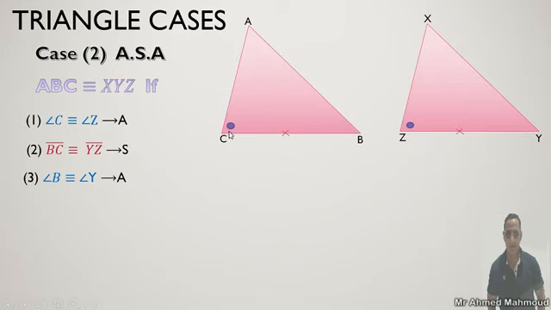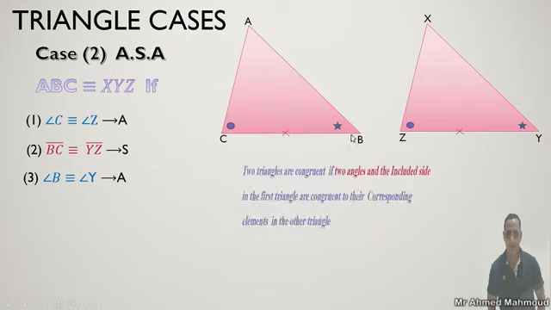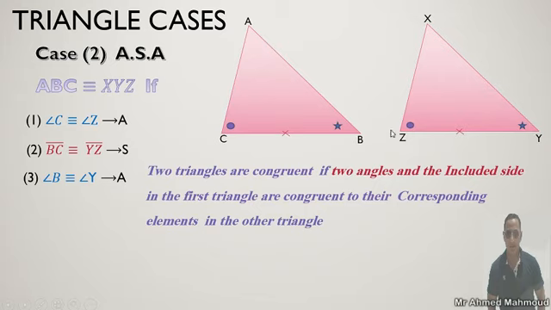Here we have angle B and angle Y. Okay, BC connects between them.